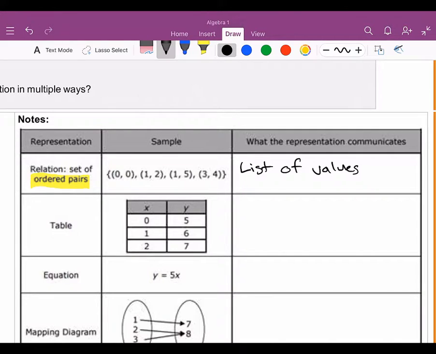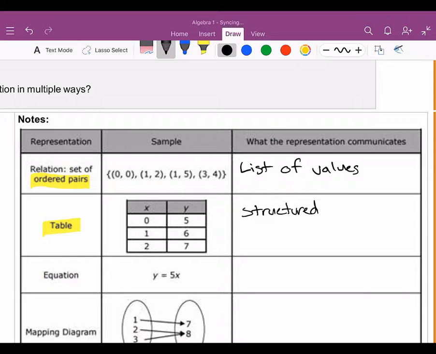With the table, okay, now we're talking about table. Now it looks like a list as well, but it is separated x and y, going from top to bottom. So it is a list, but not just a list. It's a structured list. And structured, you can just think of like, say, a building, a structure.